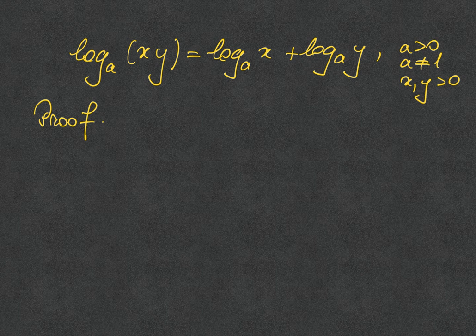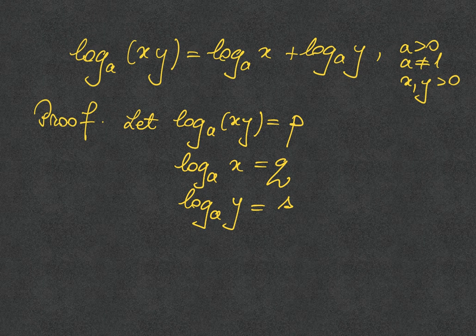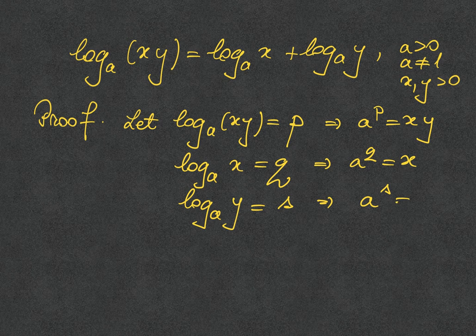So I will say let log in the base a of xy be p, log in the base a of x be q, and log in the base a of y be s. Therefore, we can write that a to the power of p is xy, a to the power of q is x, and a to the power of s is y.